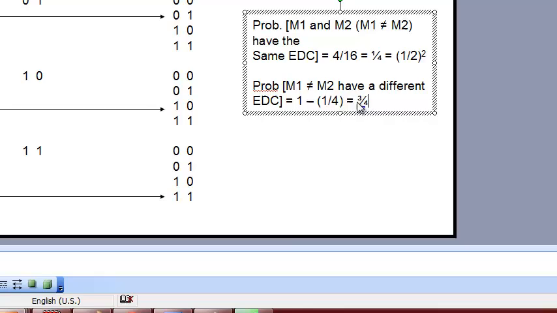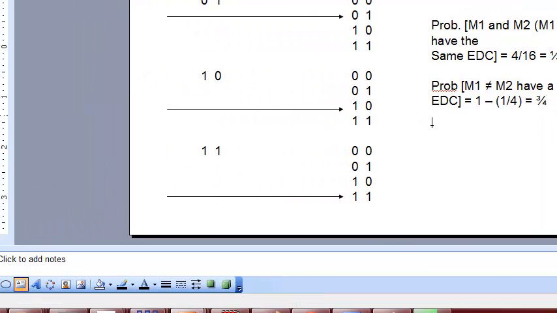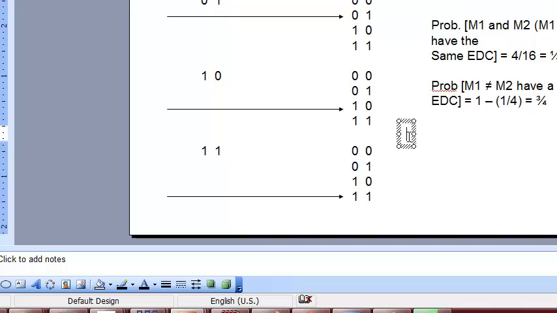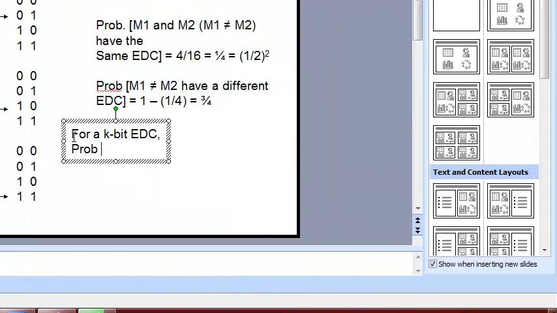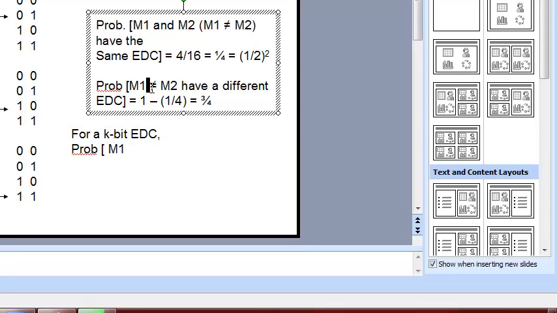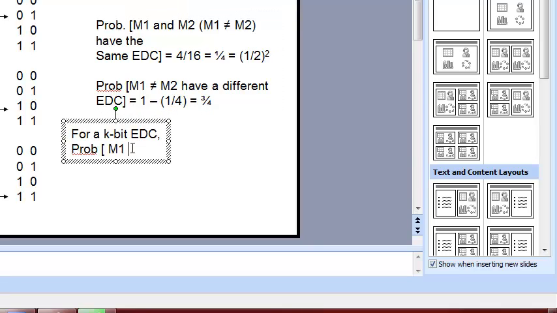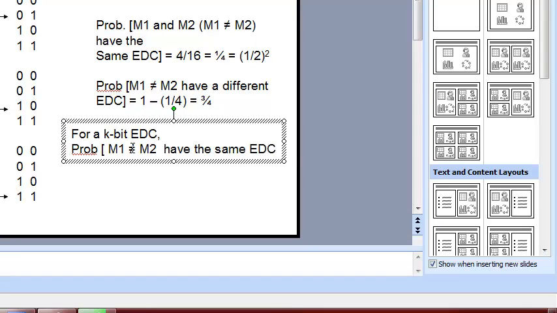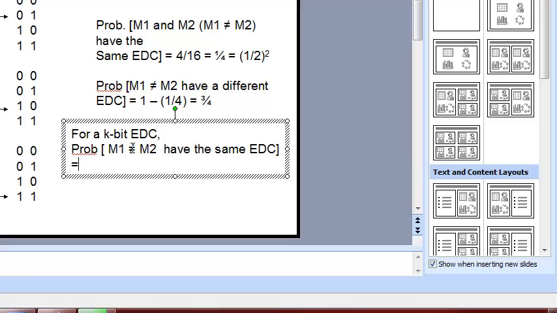So if we use a k-bit error detection code, the probability that the two messages M1, again not equal to M2, have the same error detection code is going to be 1/2 raised to k.